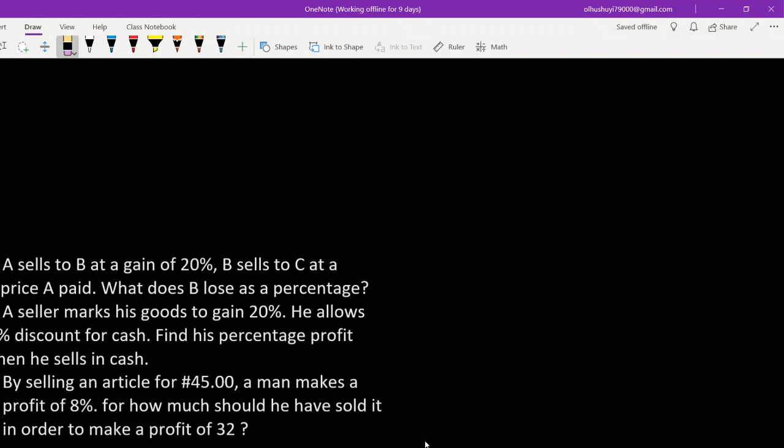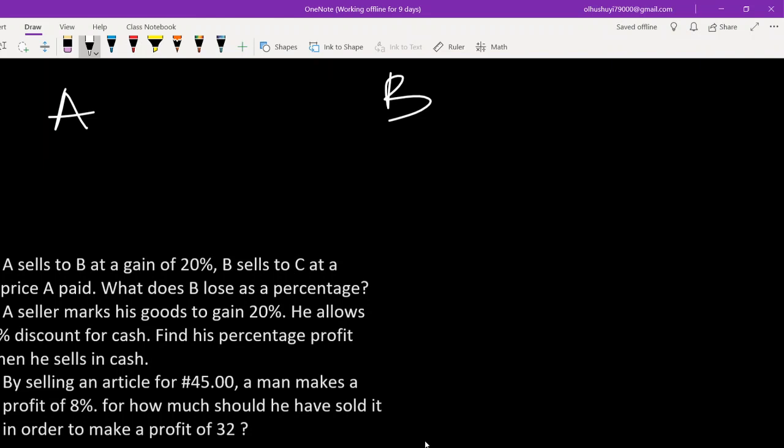What does B lose, as a percentage? Now we don't have business with C, we have business with A and B. Let's get each of the cost price and the selling price so that we can easily calculate the loss percent of B.